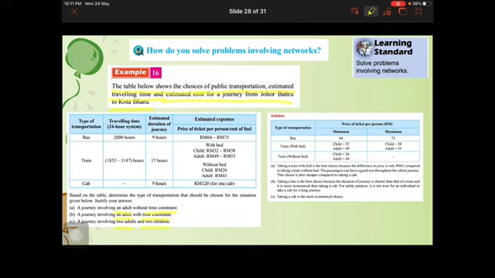So if you can find the cost of every transportation, these are the estimated costs. For A, since the journey involves an adult without time constraint, we can take the cheapest transportation, that is the train.